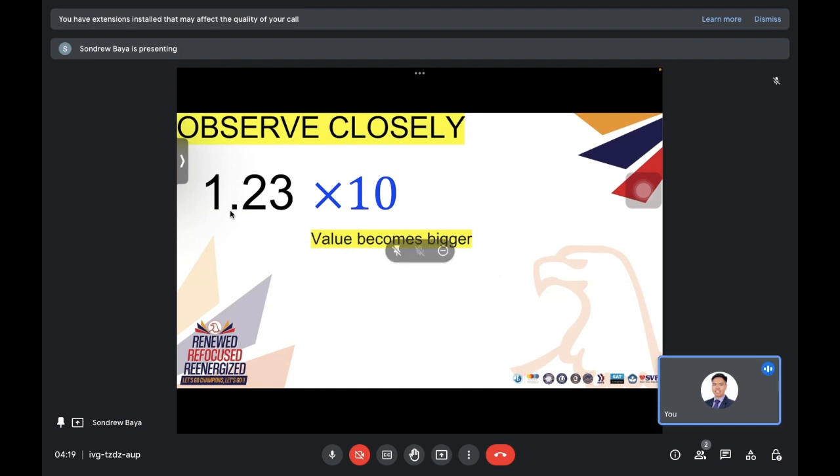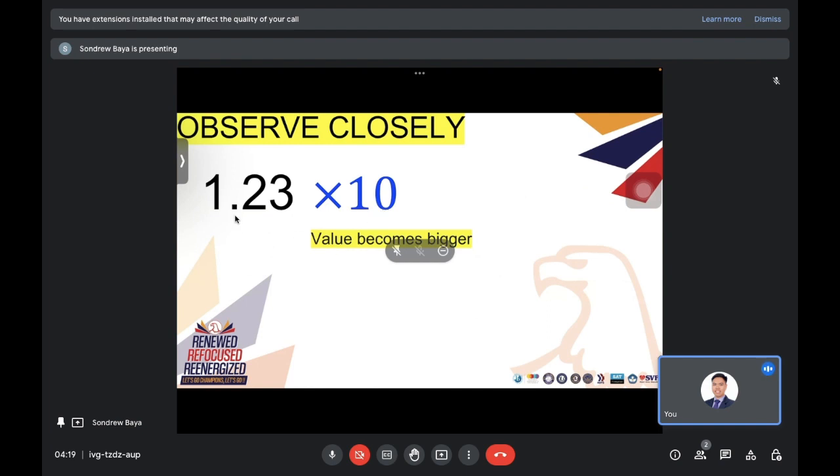analyze. So if you move the decimal to the left, this becomes 0.123, lesser than 1. Take note, the given is greater than 1. It's 1.23. So if you move this to the left, will it make the value bigger? Of course, it won't. It will make it lesser. Take note that multiplying by 10, we expect the value to become bigger.